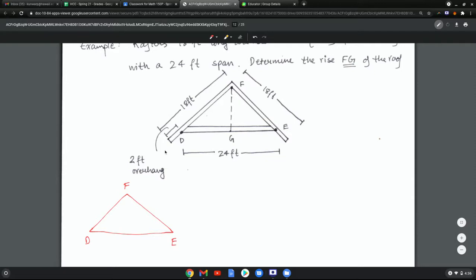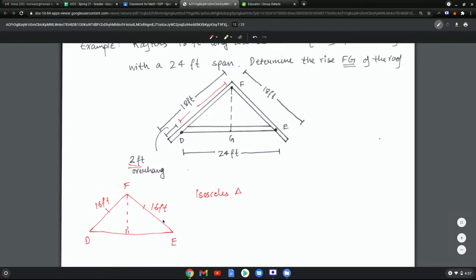Now if the overhang is 2 feet, then FD should be 16 feet and 16 feet for FE. That's because you're given that there's an equal overhang on both sides. So if the whole thing is 18 and this is 2, the remaining is 16. Now that immediately tells me that this is an isosceles triangle. Now the height is always measured perpendicular.